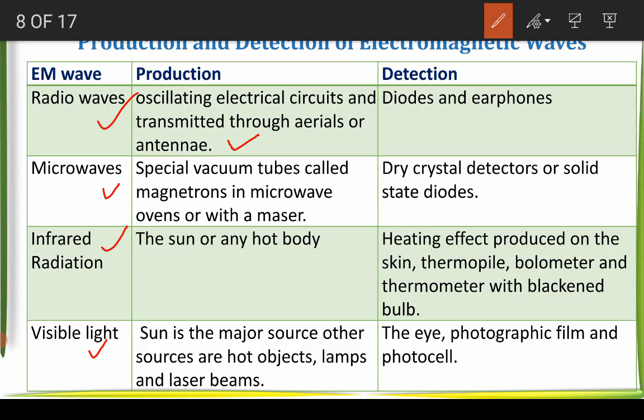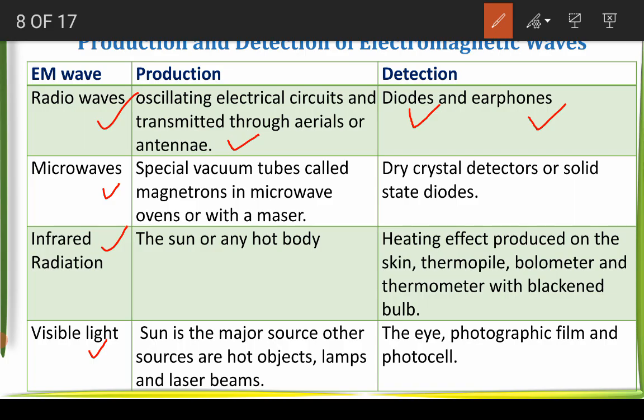In order to detect radio waves, all you need is simply a series of diodes and earphones or headphones. Nowadays you have headphones that have Bluetooth, and those that have strings. Whichever headphones or earphones you use, they will be able to detect the presence of radio waves.